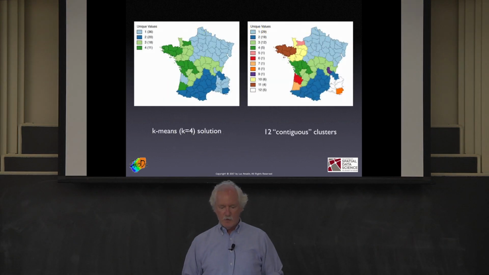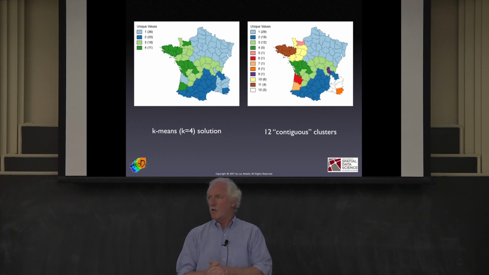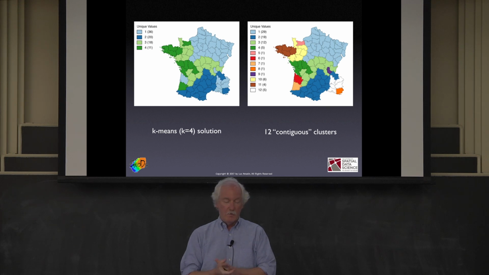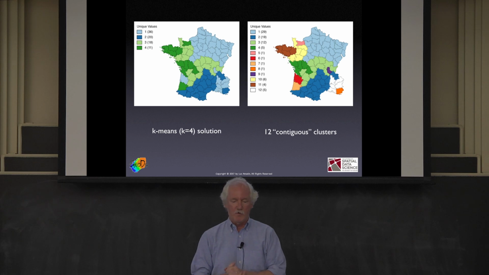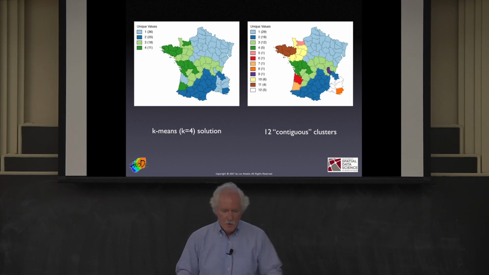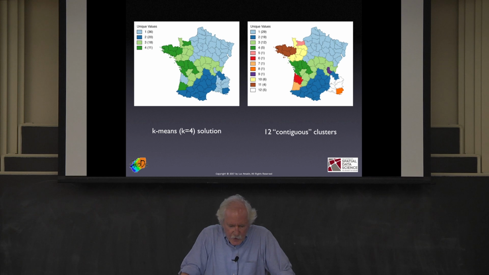Okay, so let's start with our 6 variables. They're always the same 6. And on the left is the k-means solution with k equal 4. So we have 4 groupings. The size of the clusters is 36, 20, 18, and 11. And, you know, they're somewhat grouped, but not totally, right? So we have this big chunk in cluster 1, the light blue one, but then we have 3 other pieces besides the big chunk in the north.